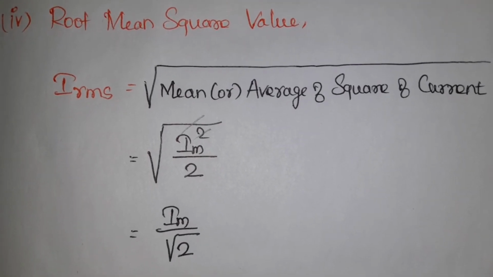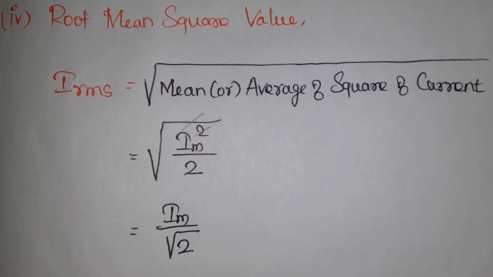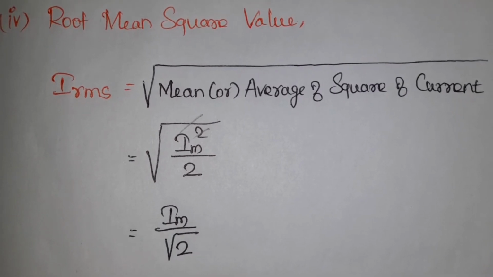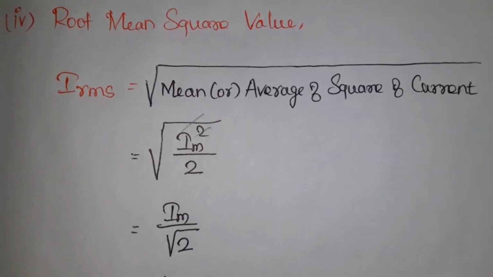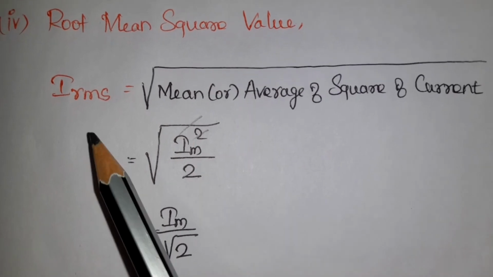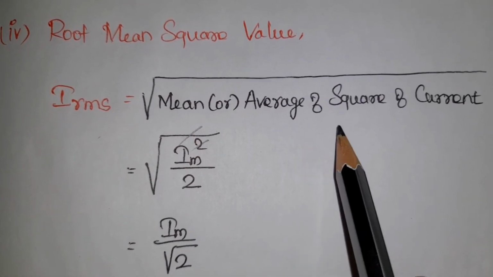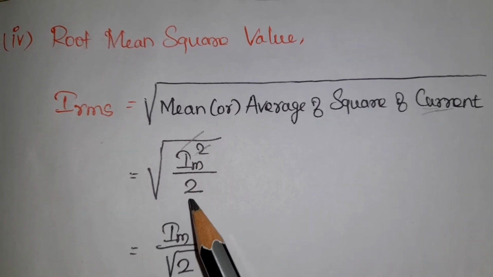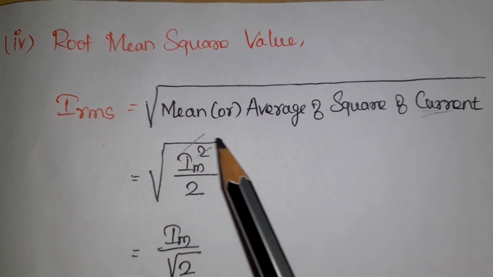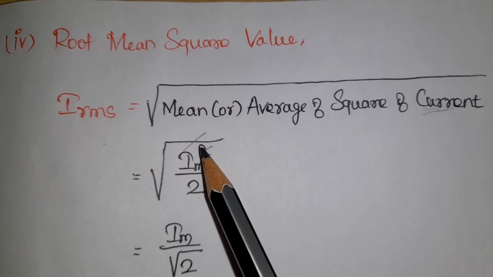Now let us find the root mean square value. Irms is equal to the square root of the mean or average of the square of current. So square root of Im square divided by 2, the square and root get cancelled, so finally Im divided by root 2.